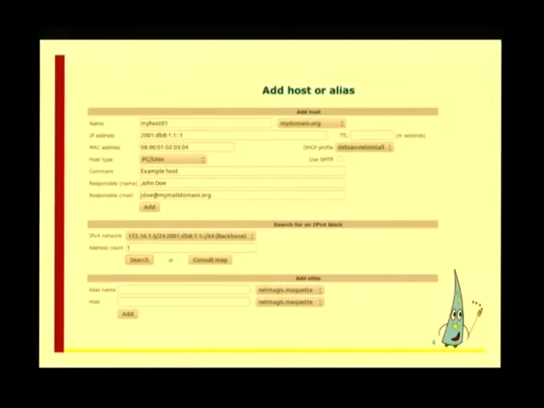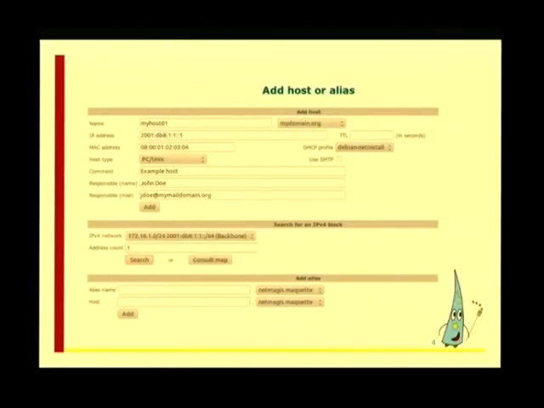So just to give you a taste of what it looks like, this is the host input interface. You just put a host name, a domain, an IP address, MAC address. You can also put a DHCP profile with DHCP parameters.